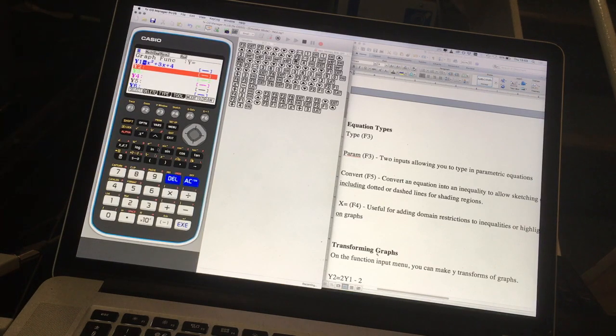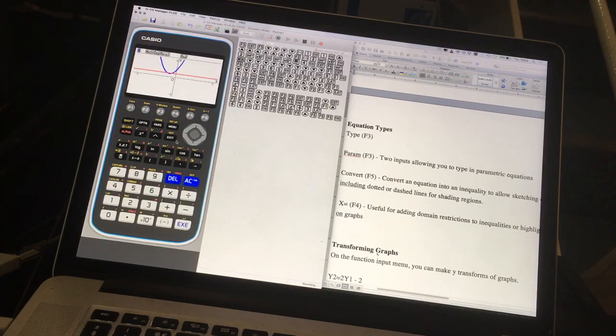So let's have x is less than 2. So type, change it into an inequality again. It should work. Type, convert.